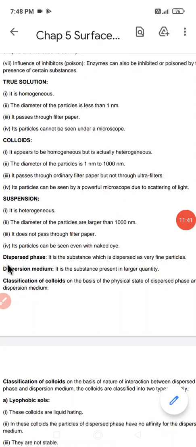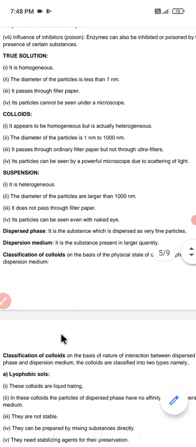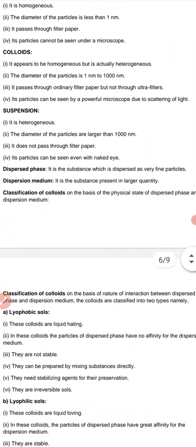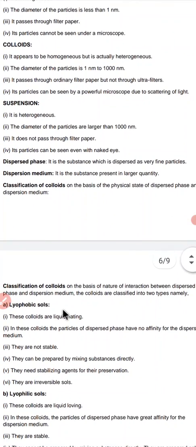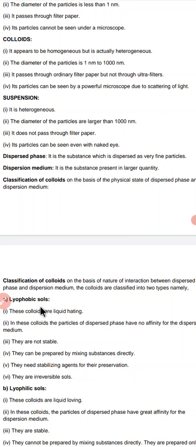After that, children, we will discuss the classification of colloids. On the basis of this classification, they are of two types: lyophobic colloids and lyophilic colloids. One is lyophobic, the other is lyophilic.